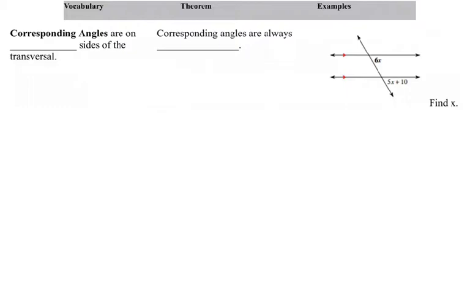Alright, so people have a hard time with this one. So these are corresponding angles. Corresponding angles are on corresponding sides of the transversal, and I'll show you what I'm talking about. So here's two parallel lines.